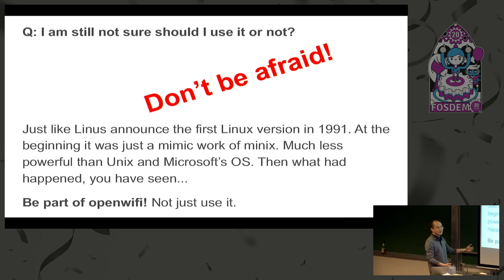At the beginning, it was just a mimic work of Minix, which was used to teach students operating systems in the university. That was just the first mimic work from Linus, because he was not satisfied with the Minix license condition, if I remember correctly. So he made the first version of Linux by himself in his dorm and then released it.